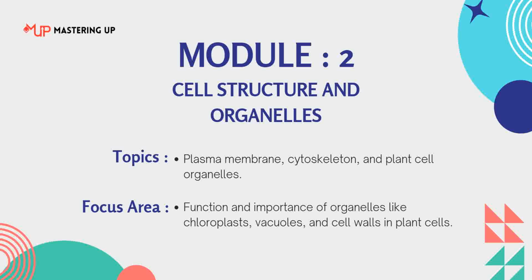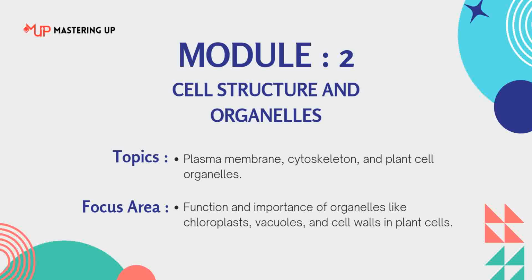Now module 2 is about cell structure and organelles. In this module we will dive into the structure of cells and their key organelles. We will look at the plasma membrane, cytoskeleton, and the importance of organelles, plant organelles like chloroplasts, vacuoles, and the cell wall in plant cells.